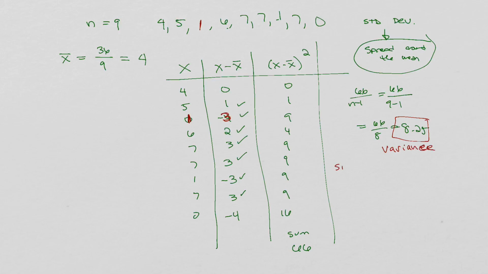So to get the standard deviation, we just take the square root of the variance. And the square root of 8.25 gives me 2.87. Okay, so that's how you can find your sample mean and your sample standard deviation.